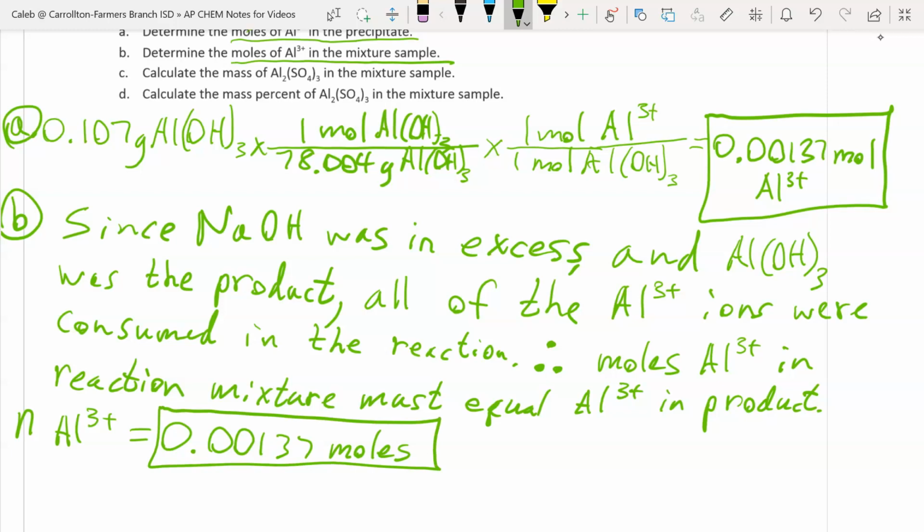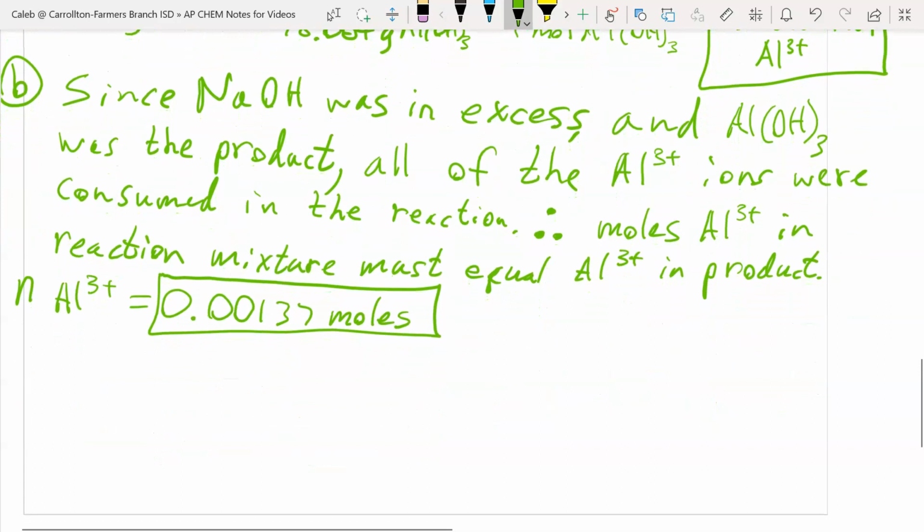So that's the answer to part B. We've already got that. So if we know that, could we find the mass of Al2(SO4)3 in the sample? Well, sure we could. We got 0.00137 moles of Al3+.